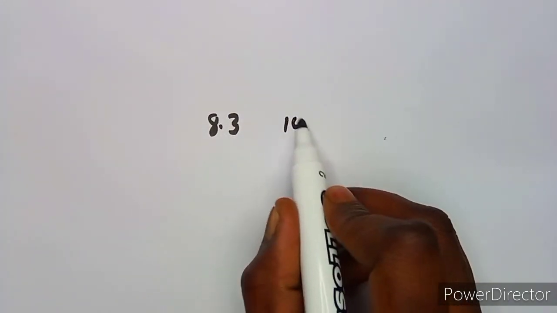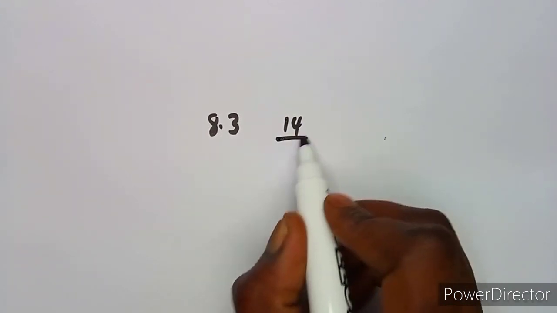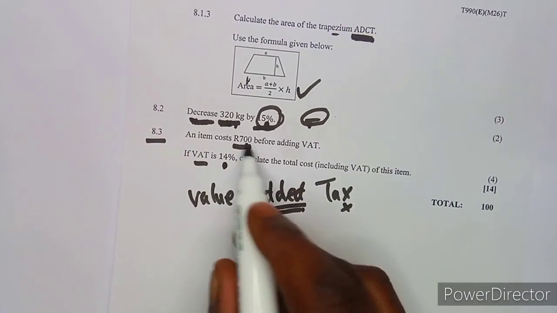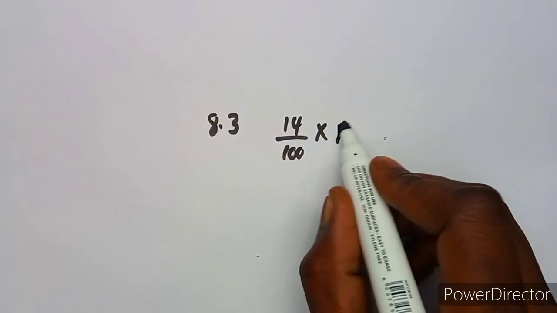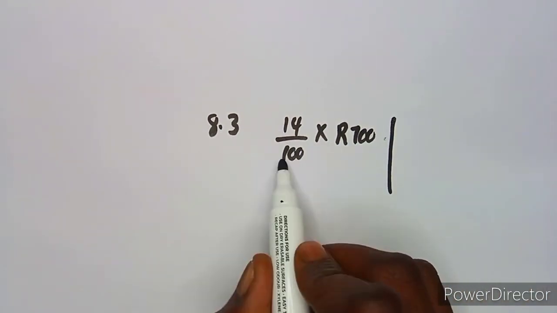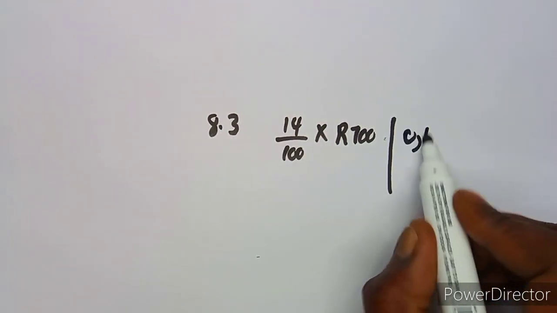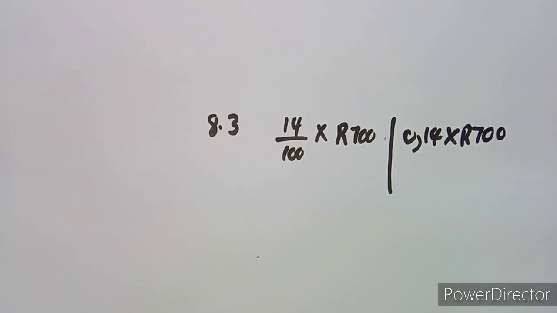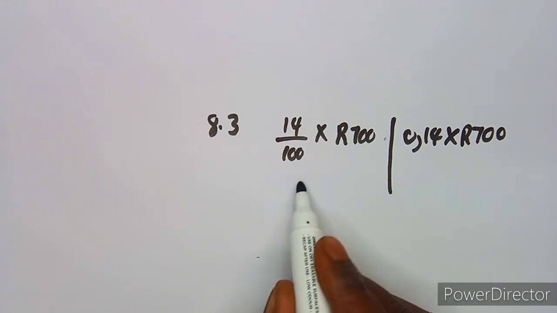So we are saying 14% is the one that we are given. So it's 14 over 100 times the amount now, which is 700 rand. We want to know what is going to be the value. Like I said, it can be 14 over 100, or it can be 0.14 times 700. All right, you are supposed to multiply the two so that we can obtain the resultant of 98.